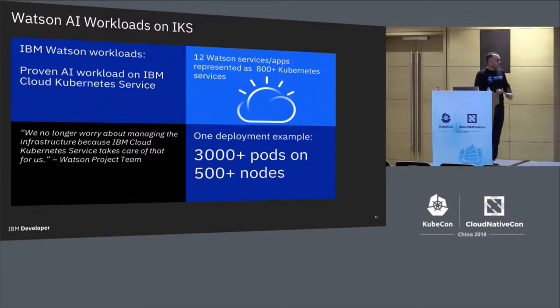As you can see, they have a big deployment, thousands of pods running on hundreds of nodes, and a little quote there from the Watson team on how happy they are, not managing the infrastructure required for their deployments, right? And it's done by IKS.